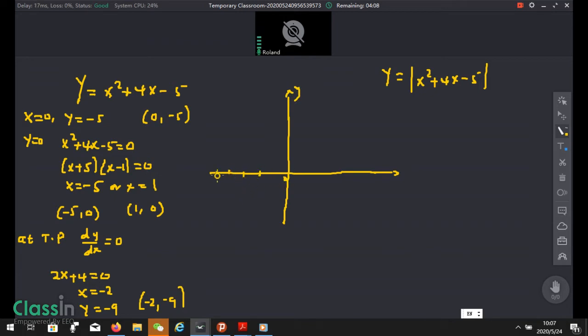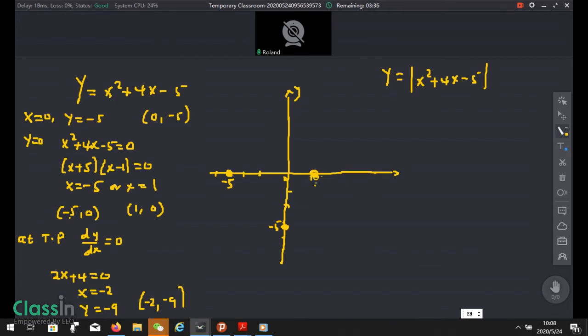If x is 0, y is -5, so we can put -5 here. If x is -5, y is 0. If x is 1, y is 0.